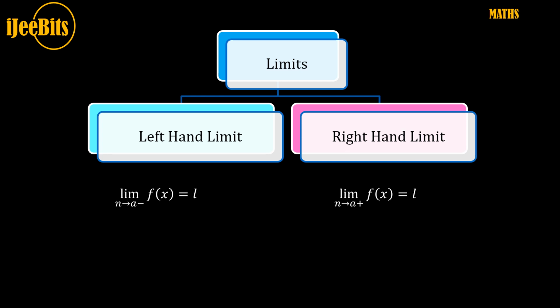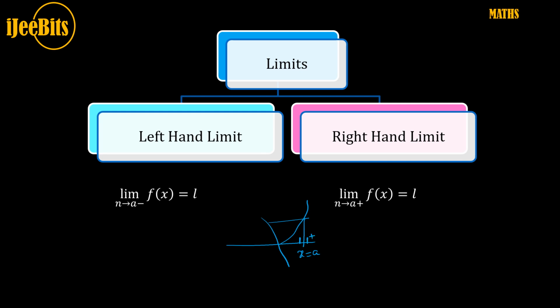Imagine one simple equation, and in the graphical representation you have some kind of curve. This is x equal to a. X tends to a. Then this limit and this limit.